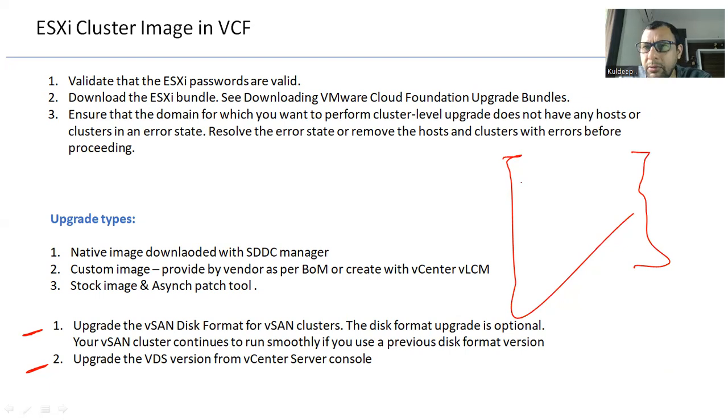Simply download the respective vSAN witness appliance ISO, create an update baseline in your vLCM, put your witness host into maintenance mode, and upgrade with the help of the baseline you have created in vCenter Server. It's a pretty straightforward process, following the traditional process of upgrading your ESXi host.